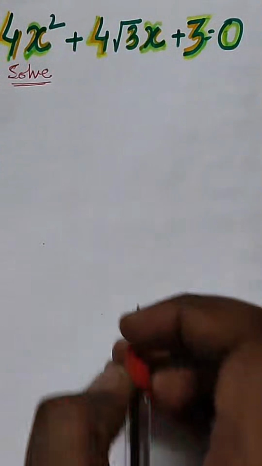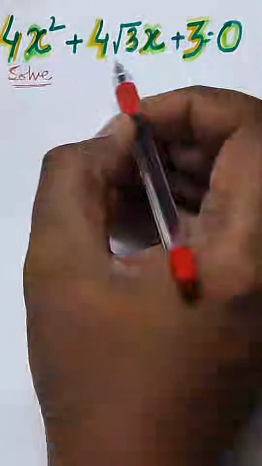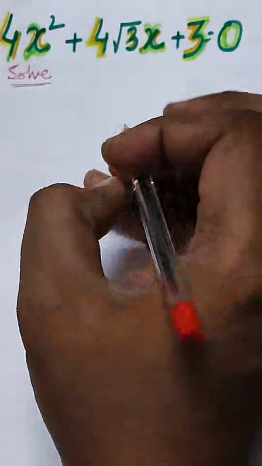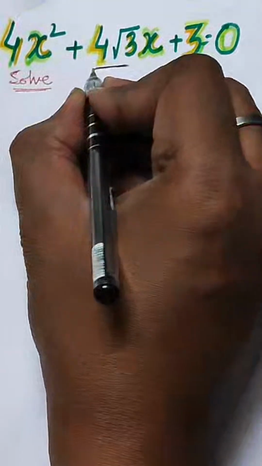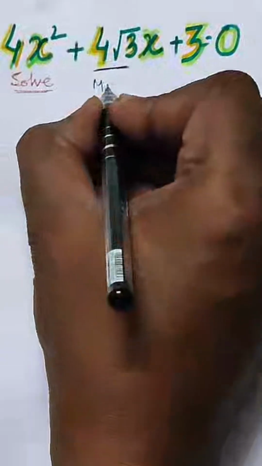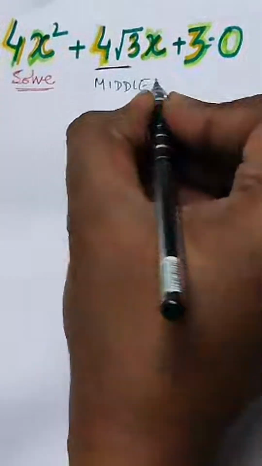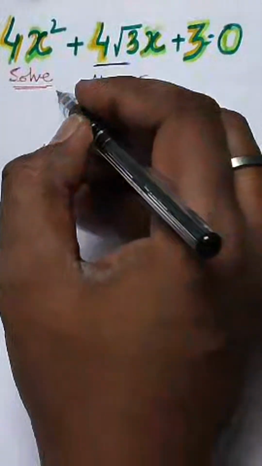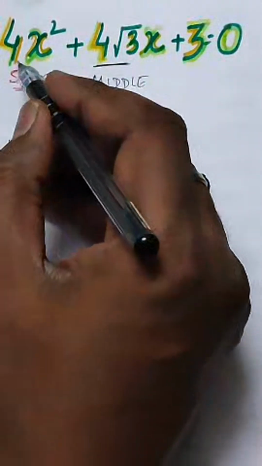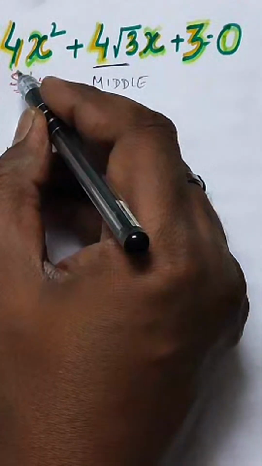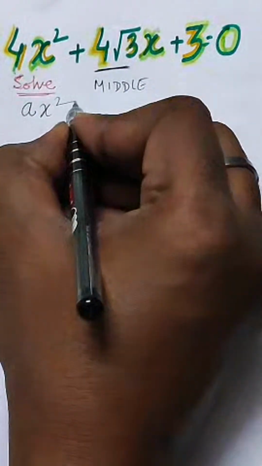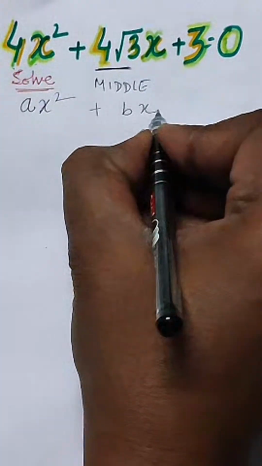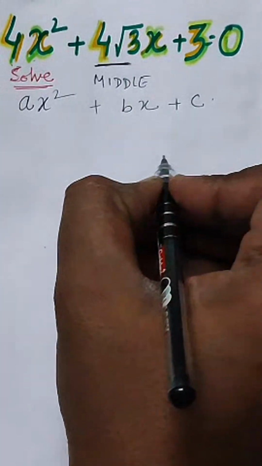So from here we can see that when we are going to split the middle term, what are the steps which you need to follow, right? When you split the middle term, this is the middle term 4 root 3, right? When we split the middle term, my dear friends, that means we need to see the product of the coefficient of x square and the constant, right? So if this is in the standard form of ax square plus bx plus c, right?